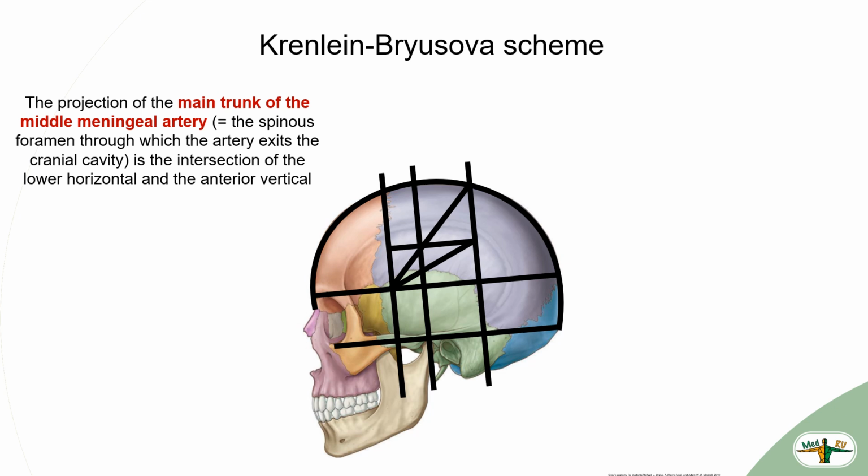The projection of the main trunk of the middle meningeal artery, equals the spinous foramen through which the artery exits the cranial cavity, is the intersection of the lower horizontal and the anterior vertical.